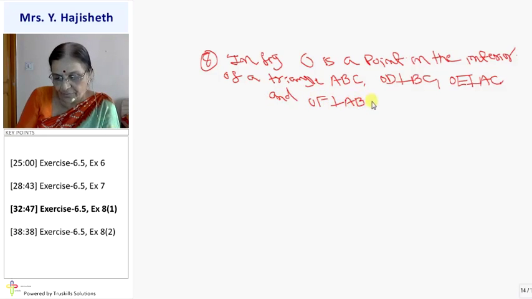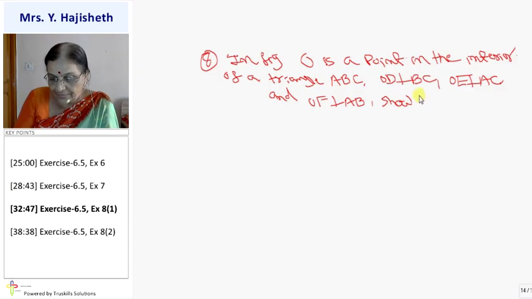I have drawn 3 perpendiculars from interior point O.